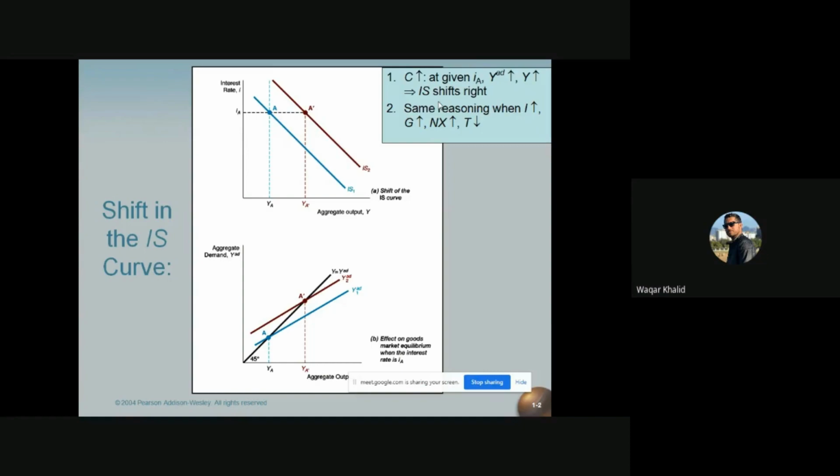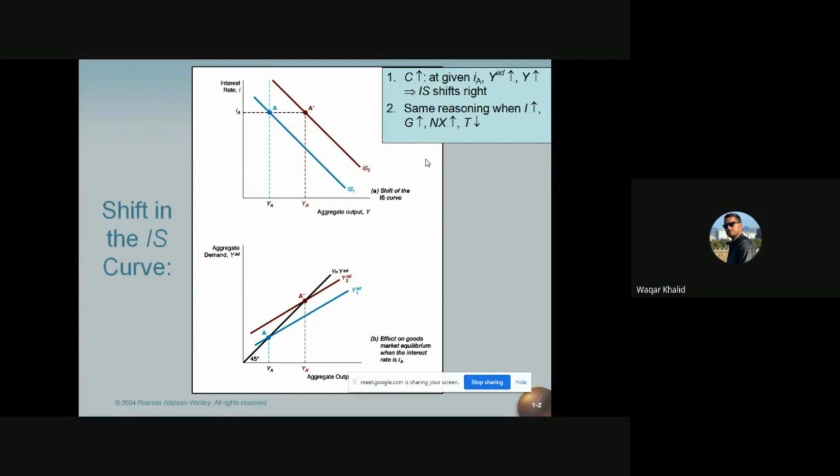A rise in taxes lowers the aggregate demand function and reduces the equilibrium level of aggregate output at any interest rate. Therefore, a rise in taxes shifts the IS curve to the left side from the original position. It means that if there is a rise in the tax rate, Y2 AD will shift towards Y1 AD.